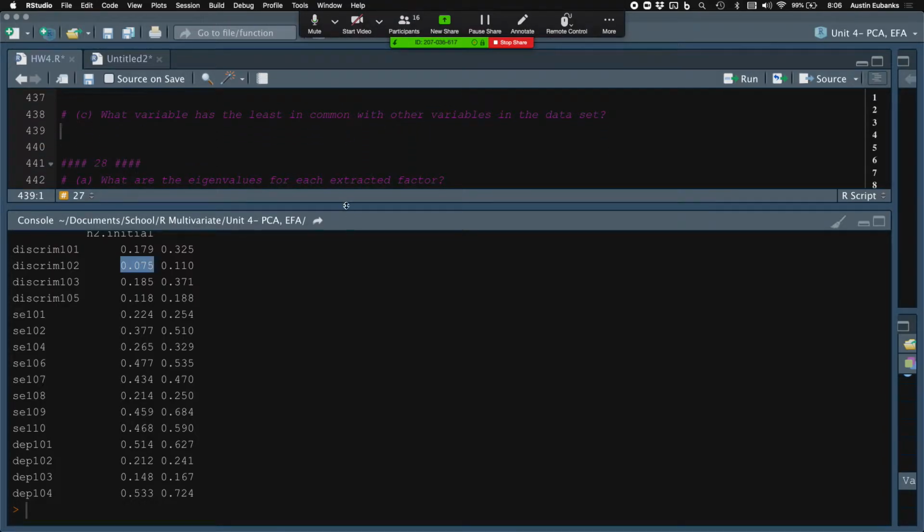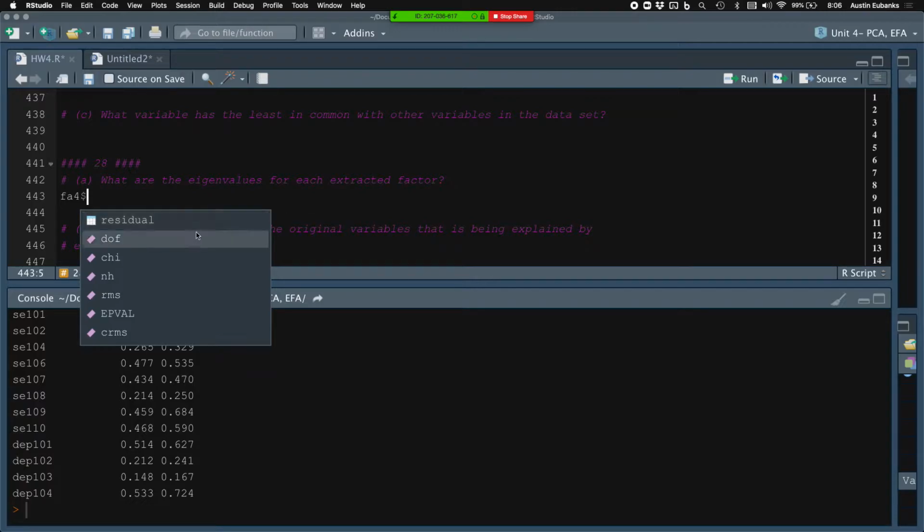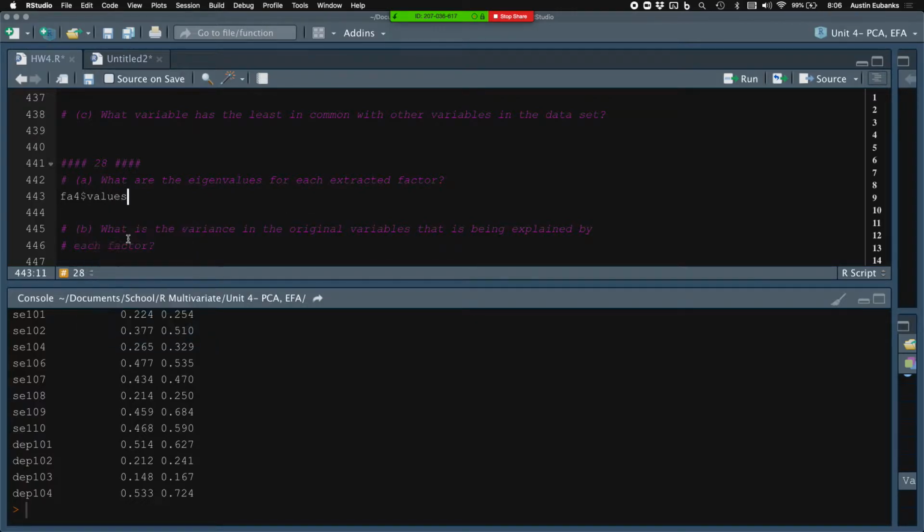For our eigenvalues, the way that we call those from our factor analysis, which was FA4, is if you use your dollar sign, you have these values.